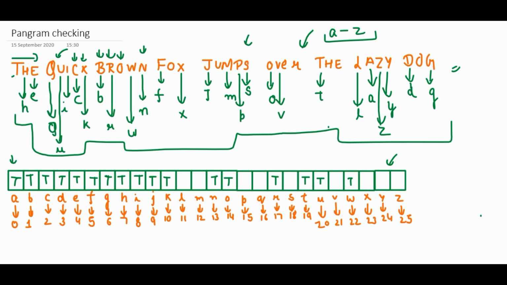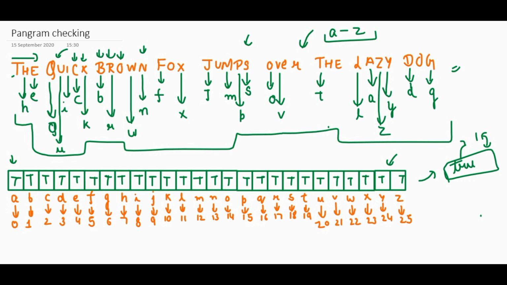Okay. So in this array, all the elements will become true and we will return true from it. That means if we want output as 1 or true, we will return in that way. So this way we can approach this question.